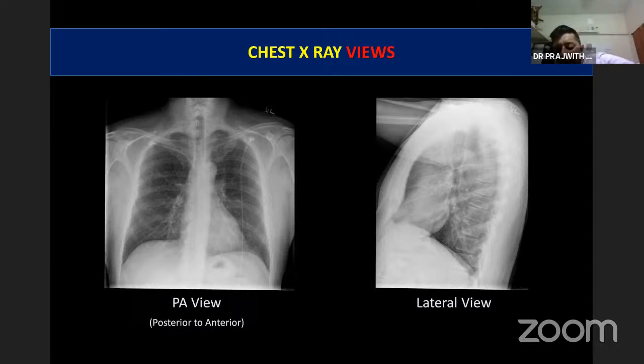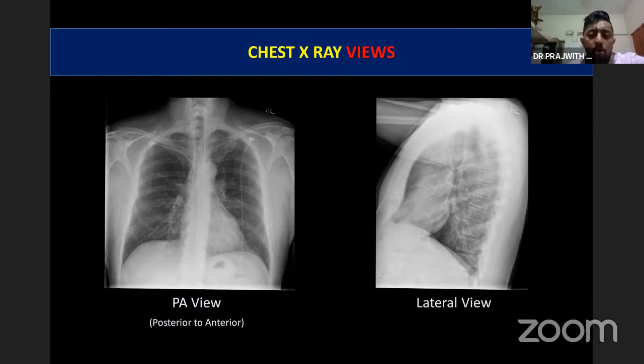So that's what we see in the case of an X-ray, when we do an X-ray in a patient.